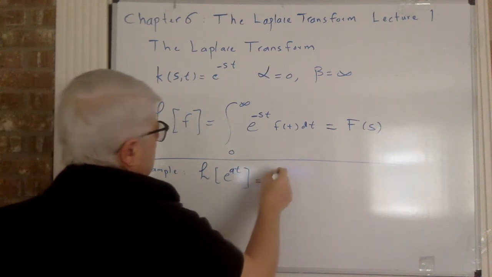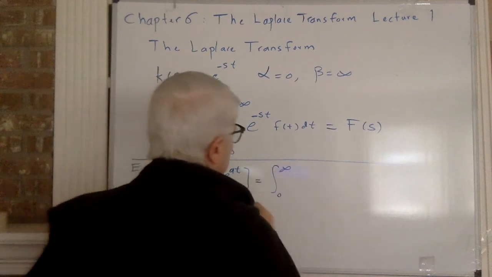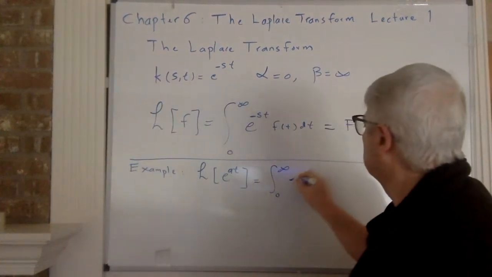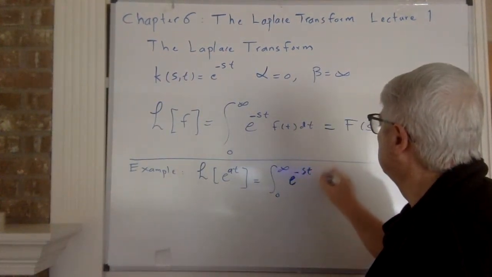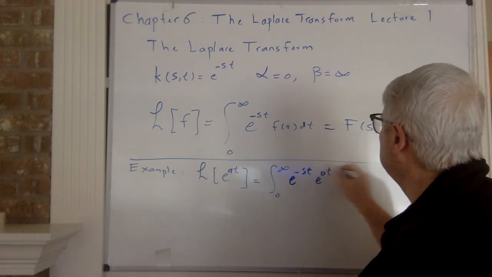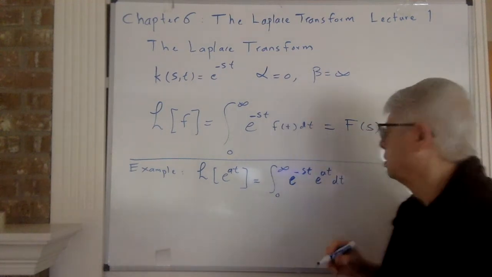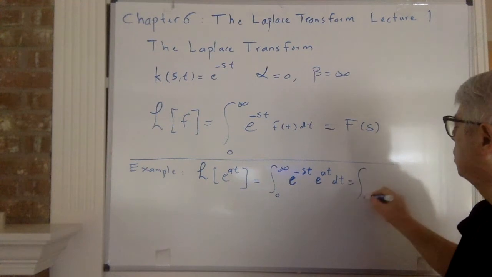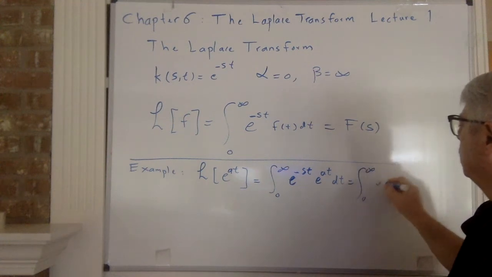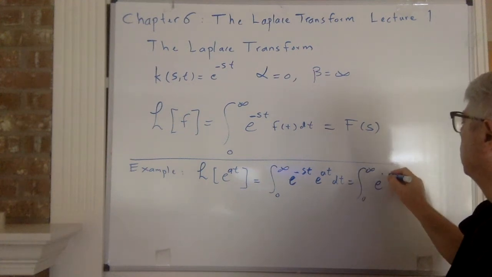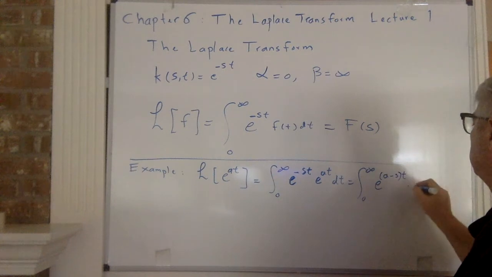So that is the integral from 0 to infinity of e to power minus st times e to power at dt. So that's the integral from 0 to infinity of e to power (a minus s)t dt.